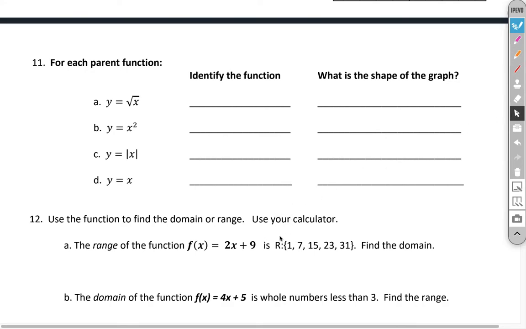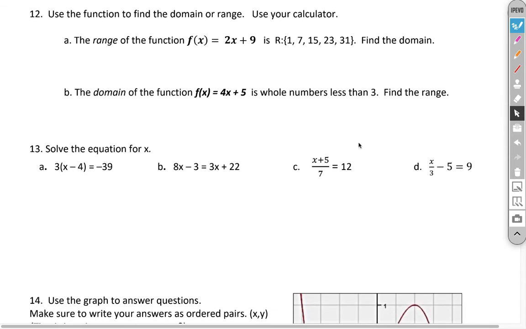Let me scroll down a little bit. All right, so it gives us the range of a function and wants us to find the domain. Well, if we remember correctly, the range is y and the domain is our x. So when we are given the range, these are going to be outputs. So that means we need to plug them in on the outside.